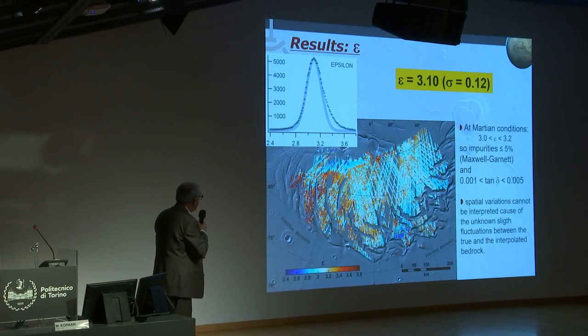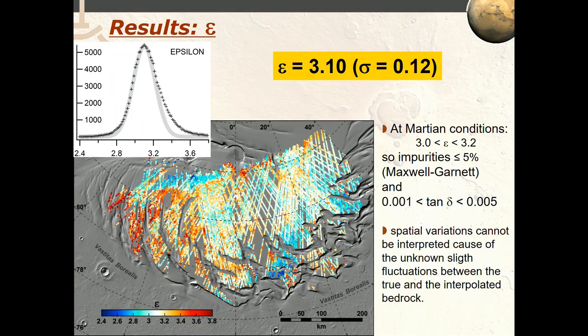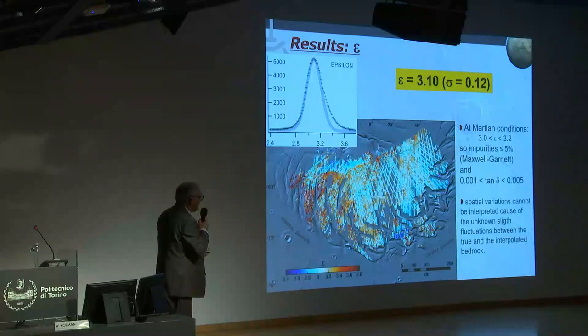And we found that we have practically pure water ice there, because the dielectric constant is about 3 to 3.2, with some dust mixed in as impurities, which is certainly less than 5%, and the loss tangent is very low. It's 10 to the minus 3, and 5 times 10 to the minus 3. This is obtained from SHARAD results, sorry.